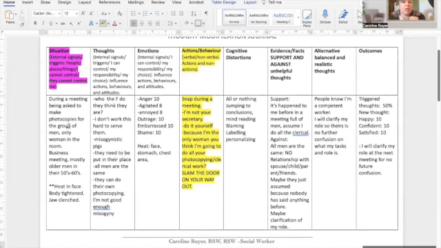There we go. So we write down the situation, what was going on. During a meeting, being asked to make photocopies for the group of men. I'm the only woman in the room. It's a business meeting, mostly older men in their 50s and 60s. So that's the situation. You're having a professional meeting, and you're the only woman in the meeting, and you were asked to do the photocopies for the group of men.